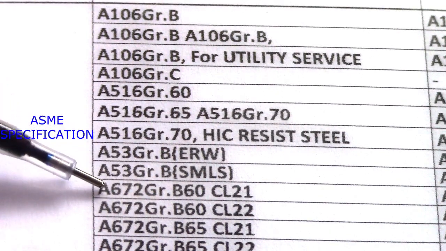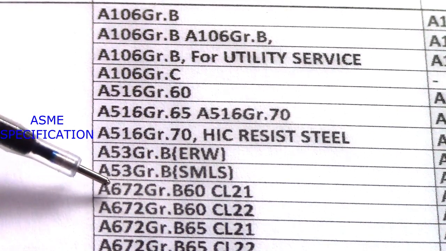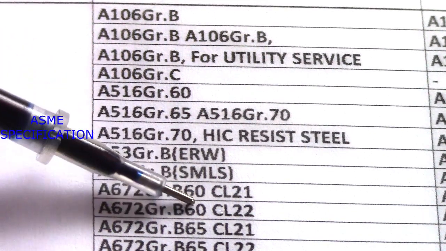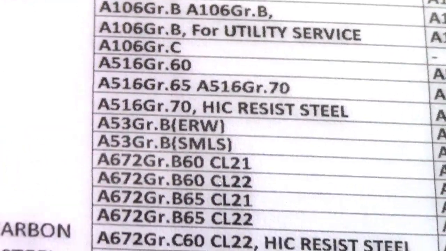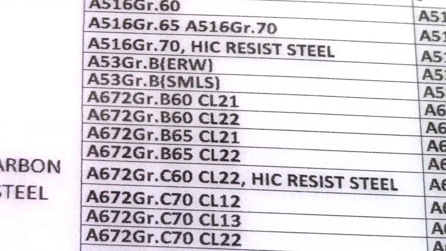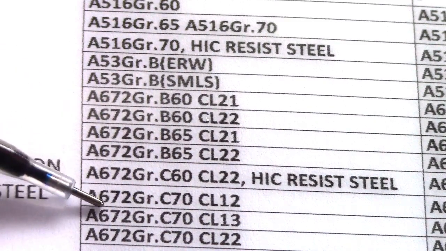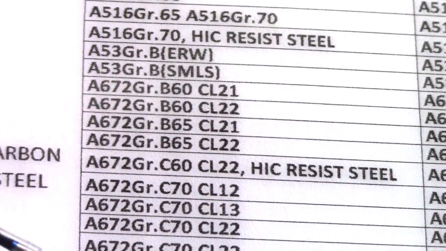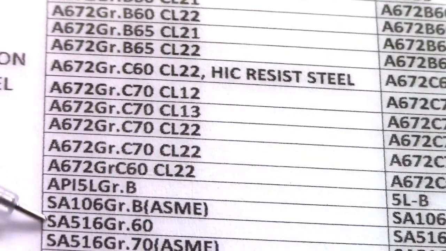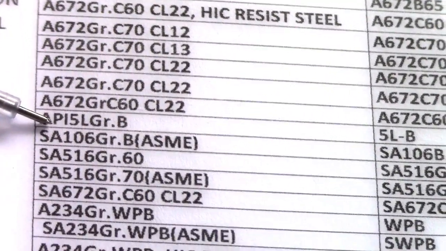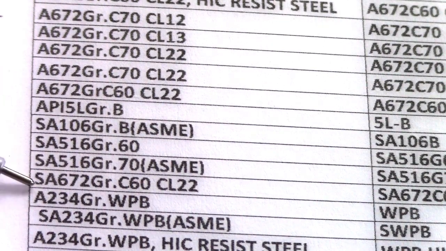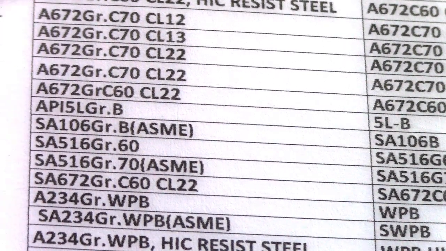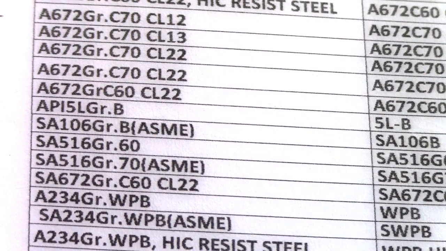We have also A672 grade B60, CL21 to 22. Okay, all A672, and we have API 5L grade B. So this is all carbon steel.